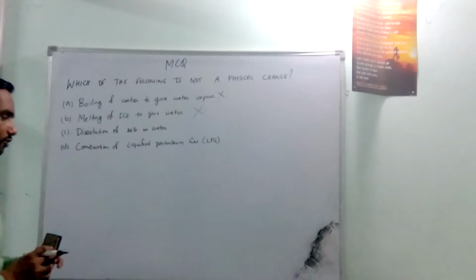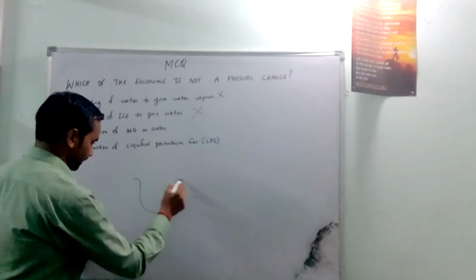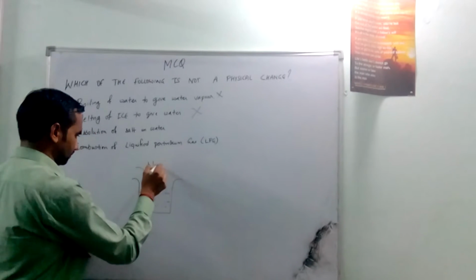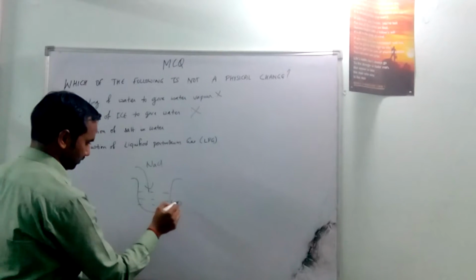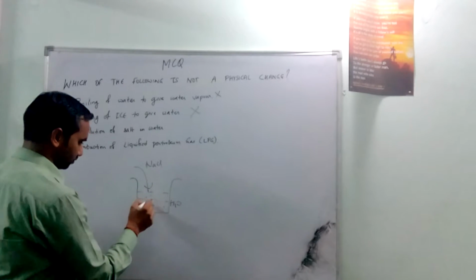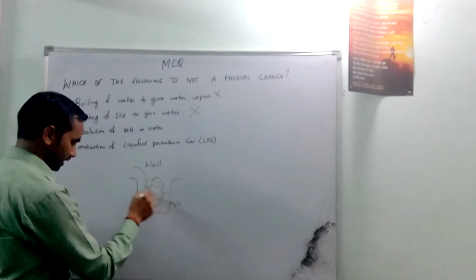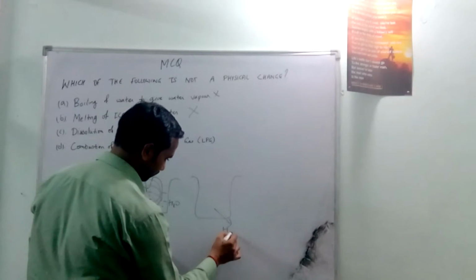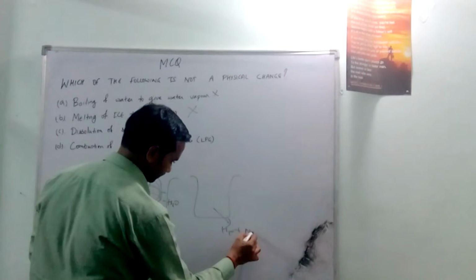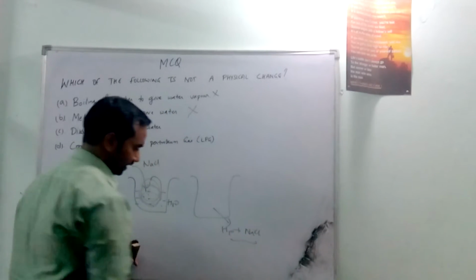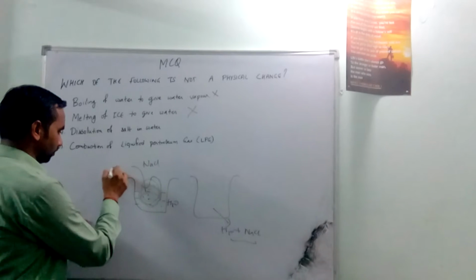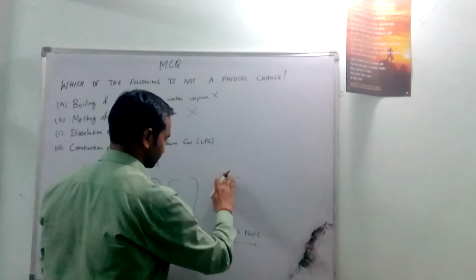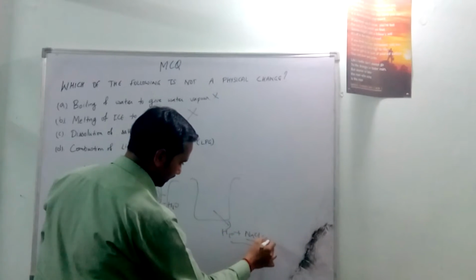The third one is dissolution of salt into water. Like this is your water, and when you add salt, the salt dissolves and they form a solution of water and salt. Okay, again the solid salt, NaCl, is converted into liquid form.